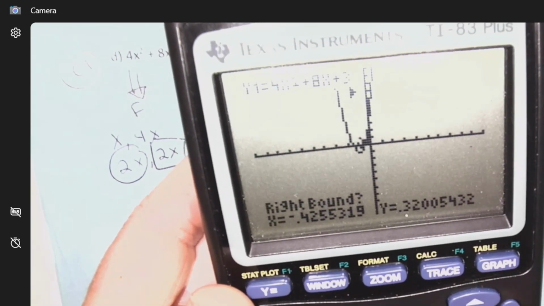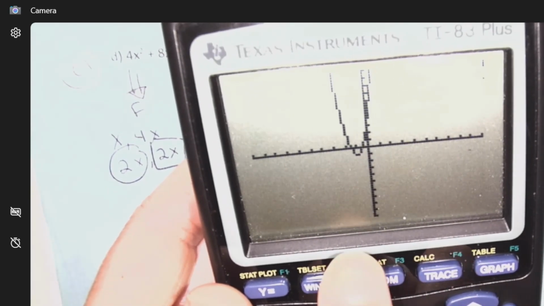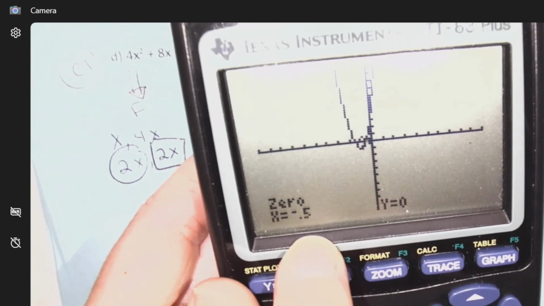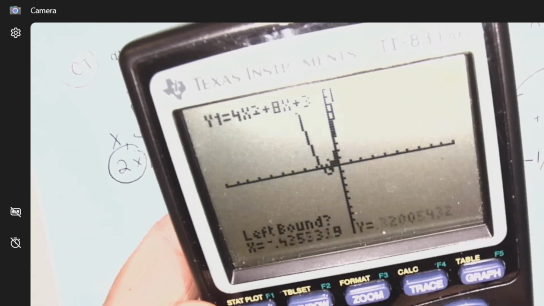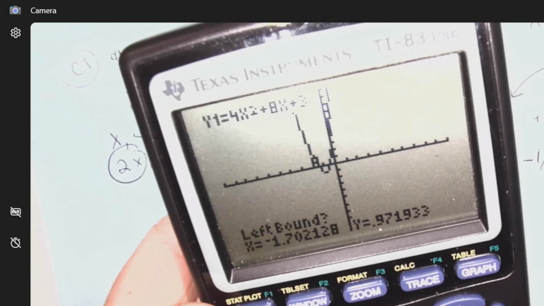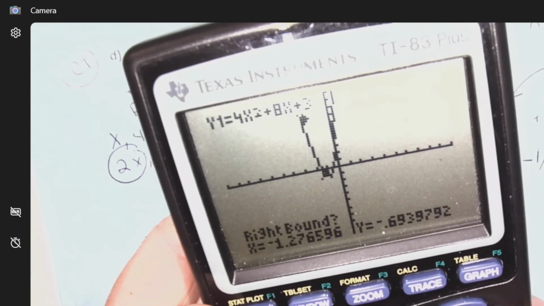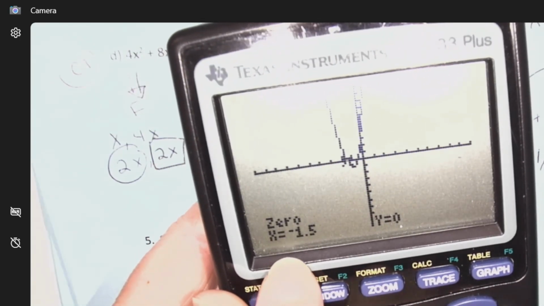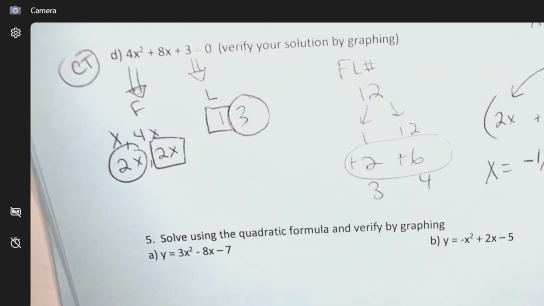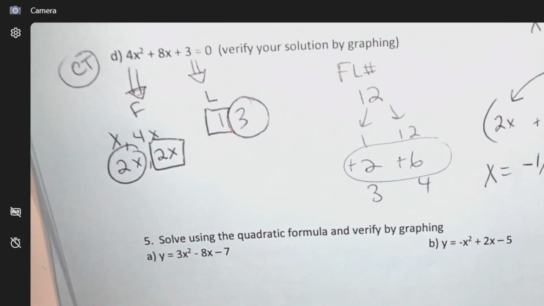Left, right, negative 0.5. Boom, that matches negative a half. Second, calculate, zero. Now I'm going to be over here. Left, right, negative 1.5 matches that fraction.